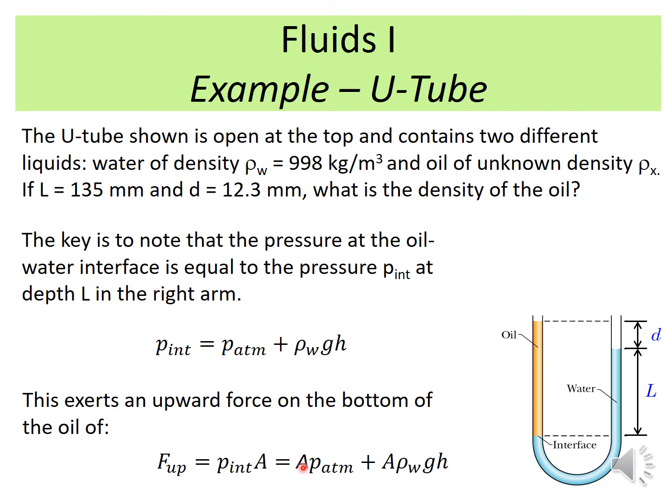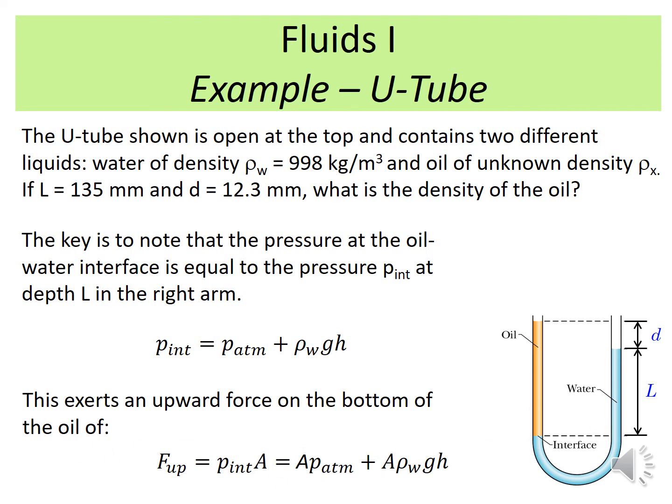This is nothing else than A times P atmosphere plus A times rho times g times h, and this is for the water. So I just multiply the A into both of these terms, and I end up with this. So this is the force which is pushing upwards.